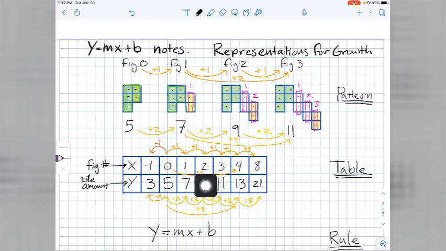And I could actually use this to draw my figures if I wanted to. If I was going to draw figure number -1, I would have the same 5 tiles that we had in the first ones. But remember how at the very beginning I highlighted these ones as the yellow ones? Remember, a row of 2 from this diagonal is disappearing every time.